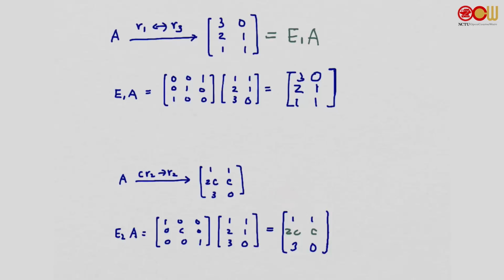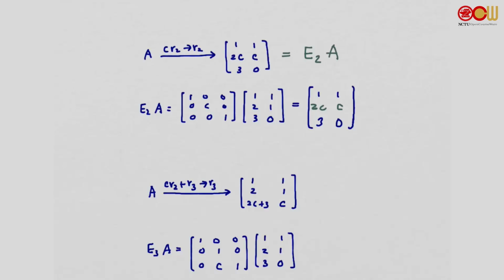So again, taking the matrix product E2 and A is the same as applying the same ERO that we used to get E2 on A.